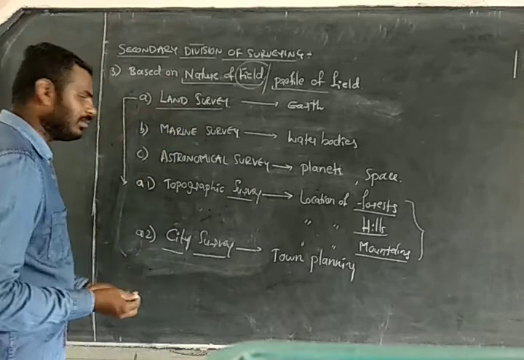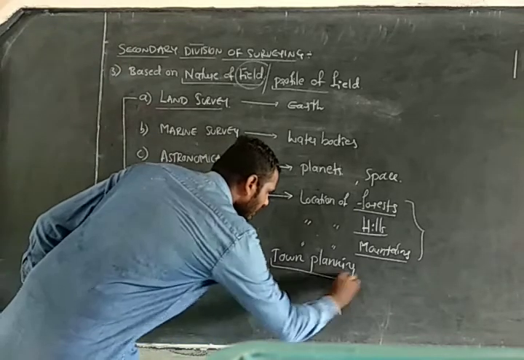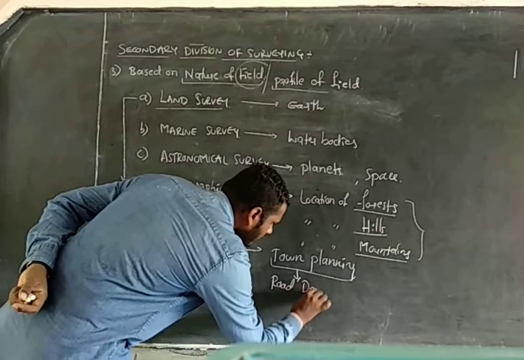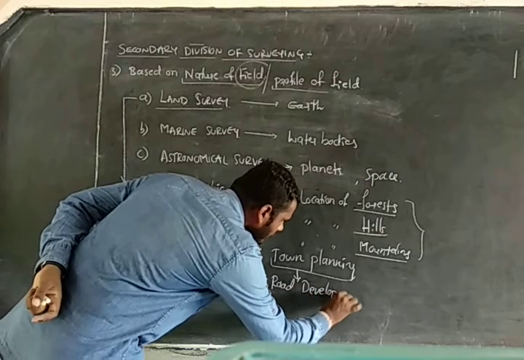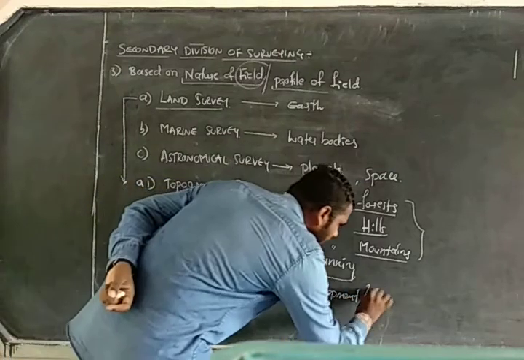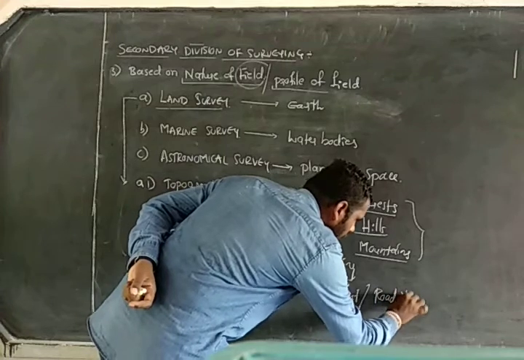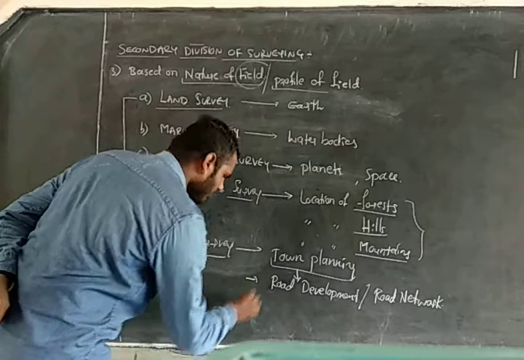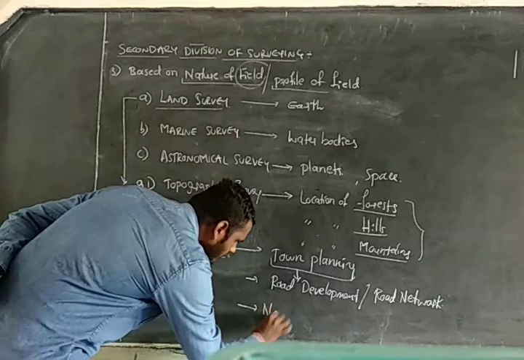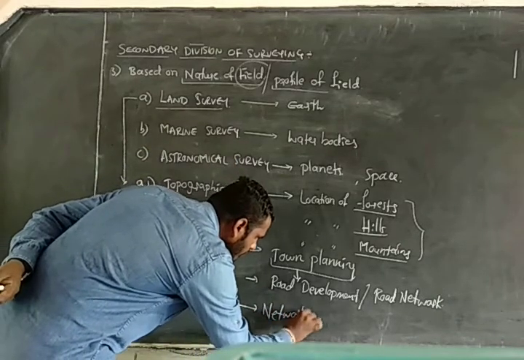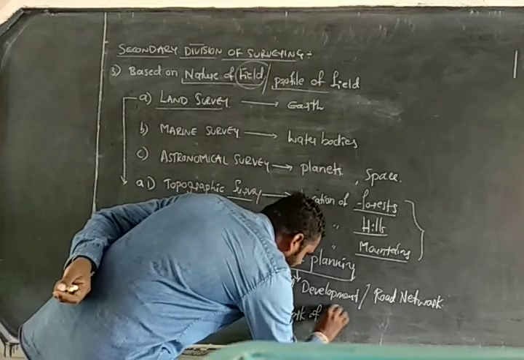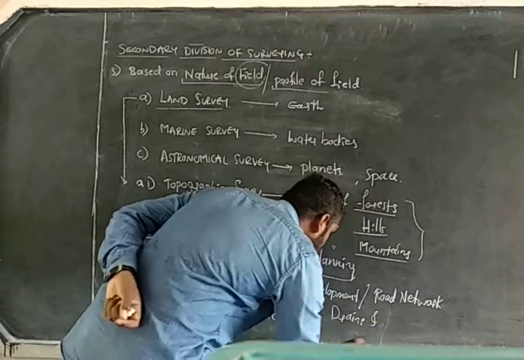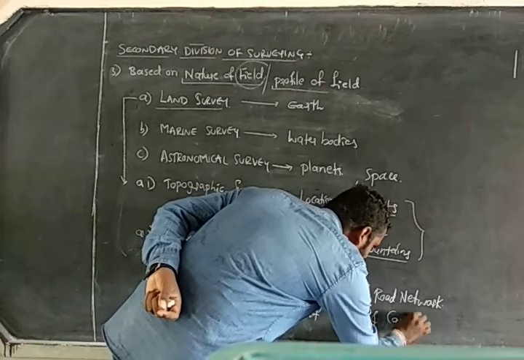So town planning includes road development or road network, and the second one is the network of drains and canals.